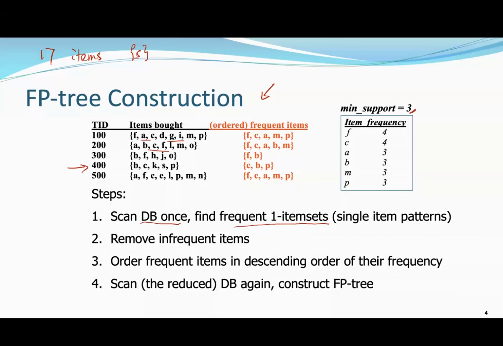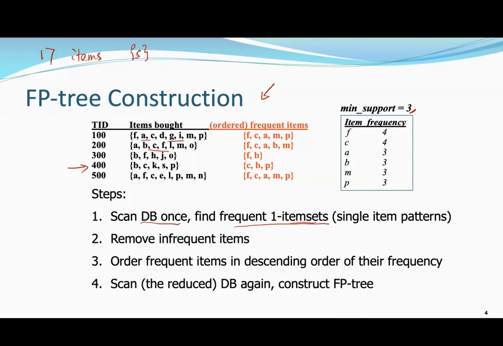All right. So first of all, we figure out all the frequent one item sets first, and then reprocess the transactions, converting them into smaller ones by discarding those items that are not frequent.